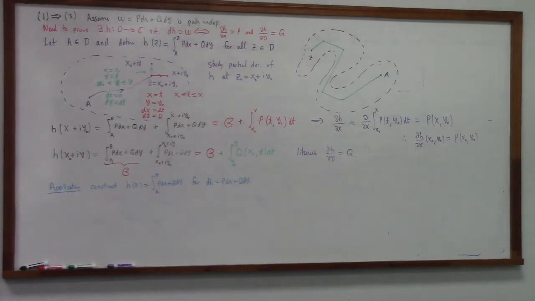Let's try to do closed implies exact, all right? So that was 4 implies 3, which could be restated as closed on star-shaped implies exact.